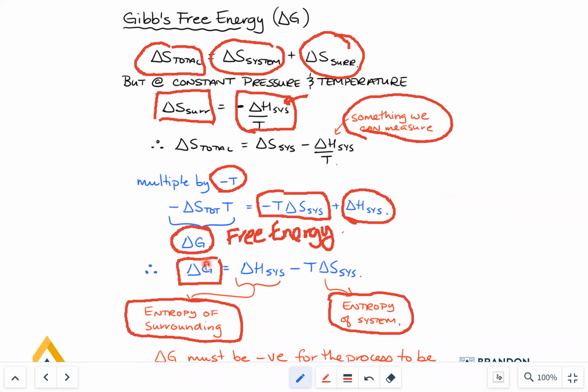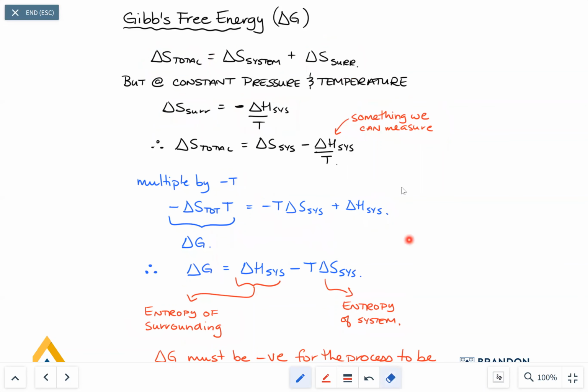And they're both measurable. So delta G, for anything to be spontaneous, we want the delta G to be negative. And we're going to be able to visualize what this looks like in a second. So yeah, all of this math is interesting.